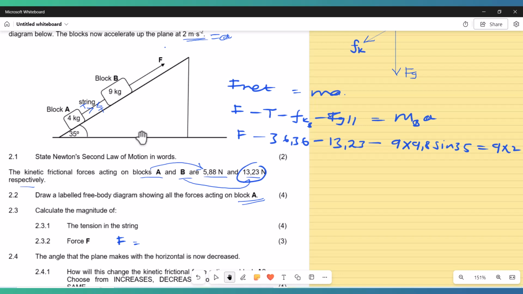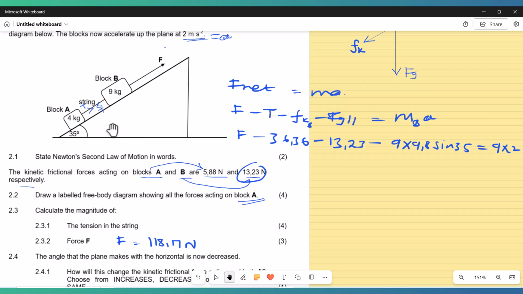What do we get here? We get 118,18. So our force F is 118,180 newtons. All right. Hope we are together.